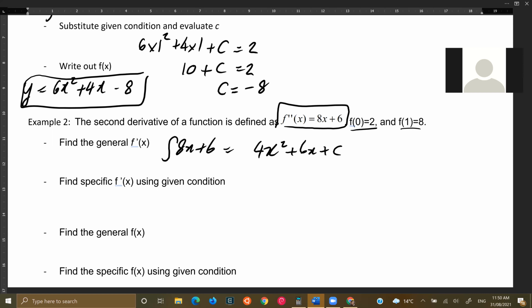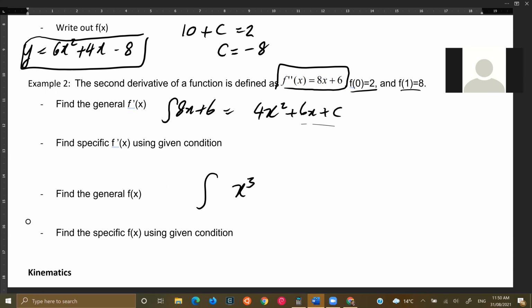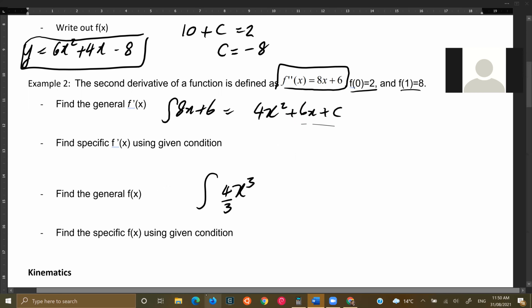So what I will now do is integrate this again, which will give me 4 over 3 x cubed plus 3x squared plus c1x plus c2, because they're different numbers.